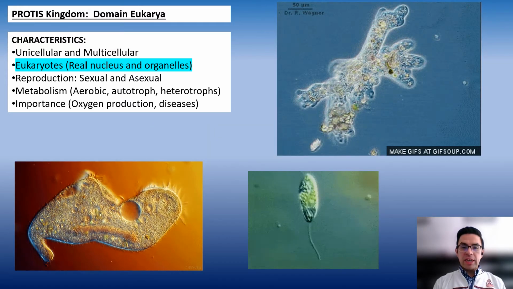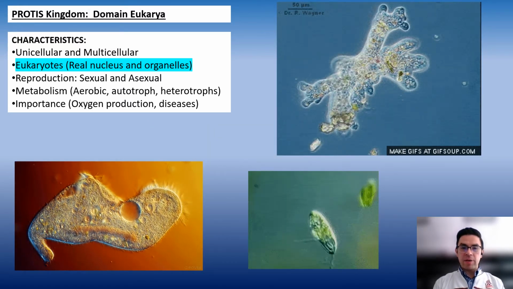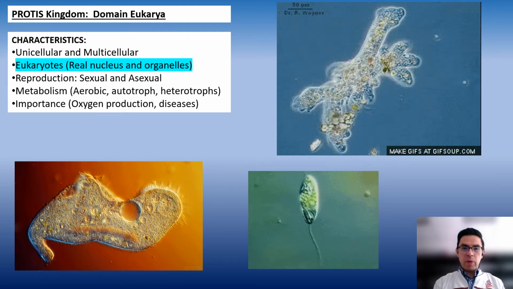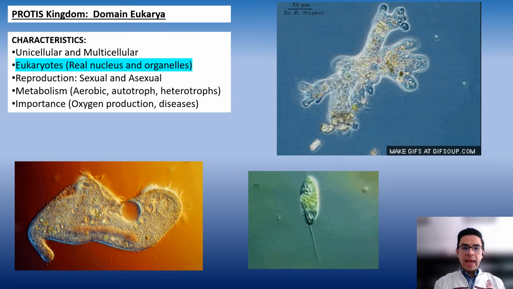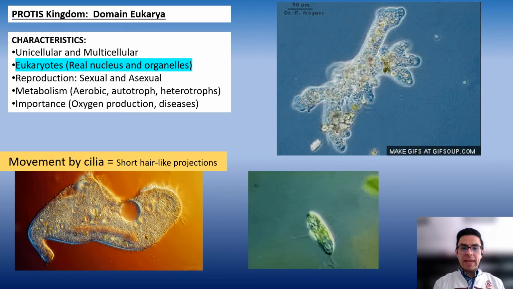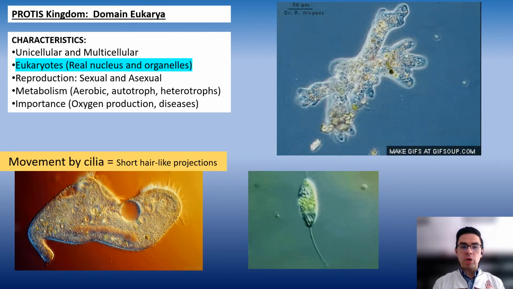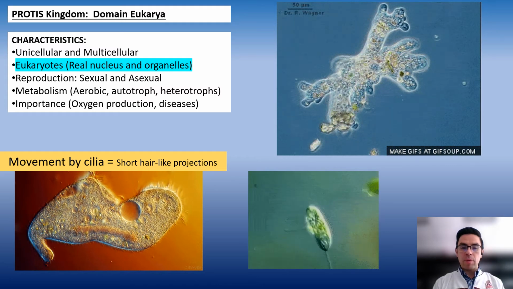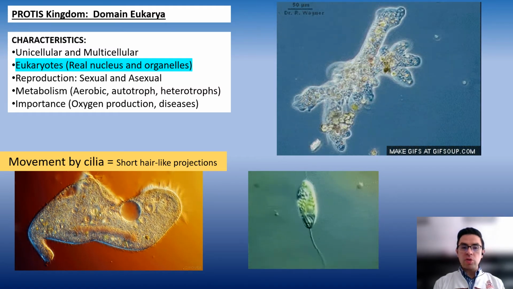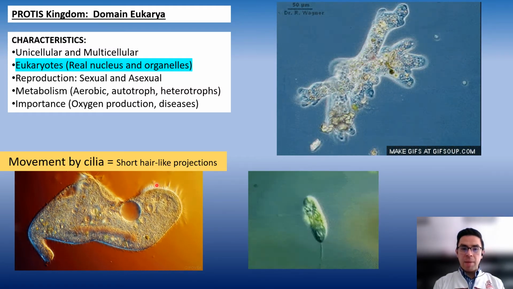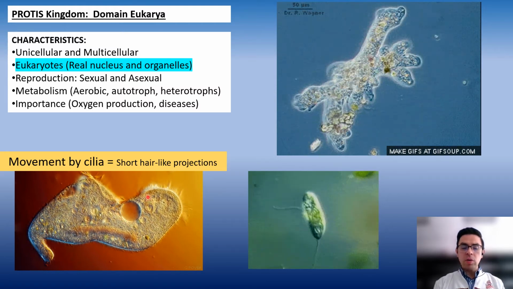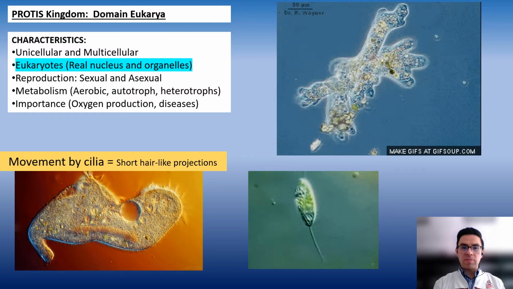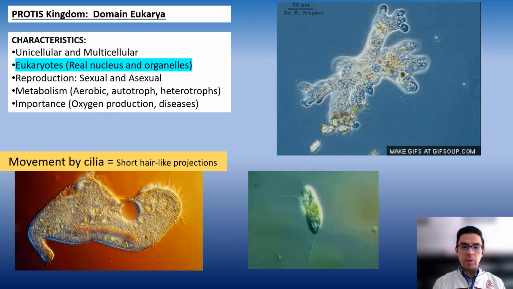Because their structure is much more complex than bacteria and archaea, they're going to have in their membranes ways to move around. Now we can have movement by cilia, that remember are short hair-like projections that are sticking out of the membrane. They could also be used to create currents and help the food get inside digestive vacuoles. That's why some organisms are known to be animal-like protists.